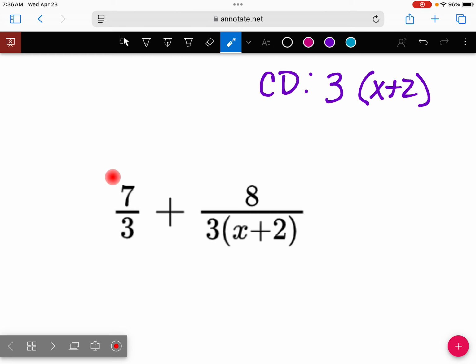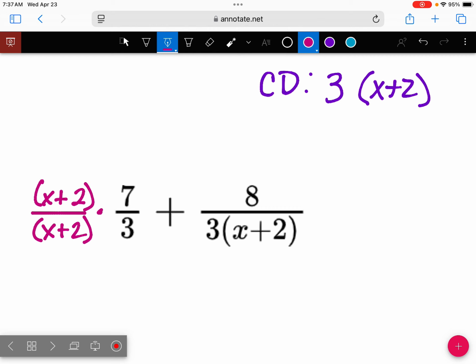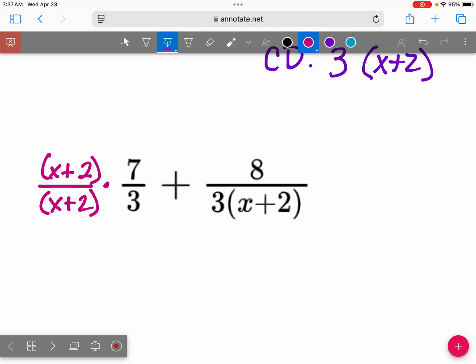What piece is this one missing? The x plus 2. So I would really like to have an x plus 2 in the denominator over here. But I can't just multiply by x plus 2. I have to multiply by a funny looking 1. So this left fraction is missing this x plus 2.